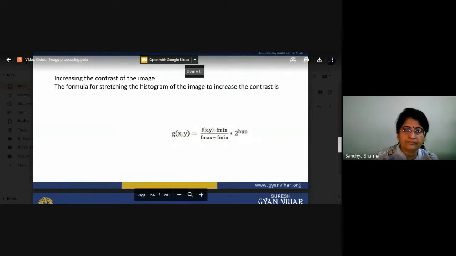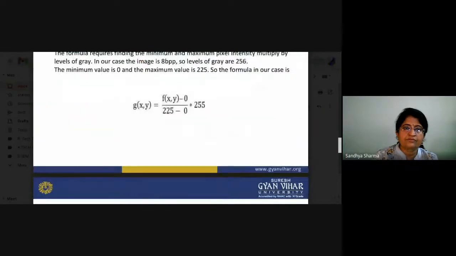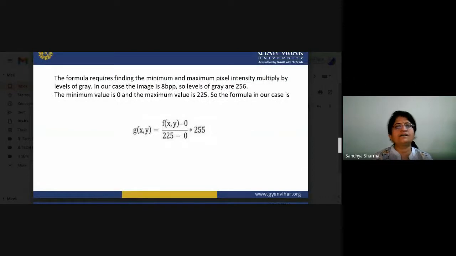Now you can see here the formula requires finding the minimum and maximum pixel intensity, multiplied by the levels of gray. In our case, the image is 8 bits per pixel, so the levels of gray are 256, 2 to the power 8. The minimum value is 0 and the maximum value is 225.